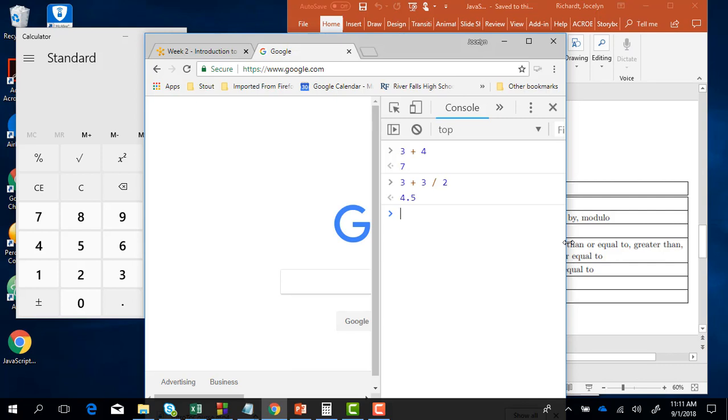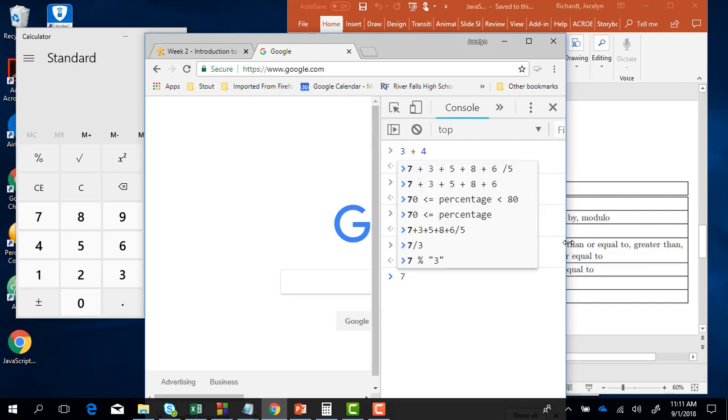So if we take 6 divided by 3, we know that it goes in 2 times. You can take 2 3s out of 6. If you do 6 modulo 3, what is the remainder? Well, 3 goes into 6 evenly, so there's nothing left over, so the remainder is 0.